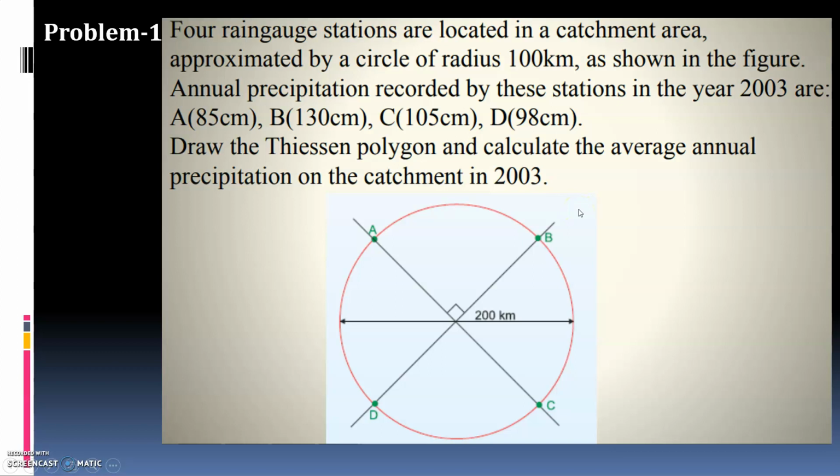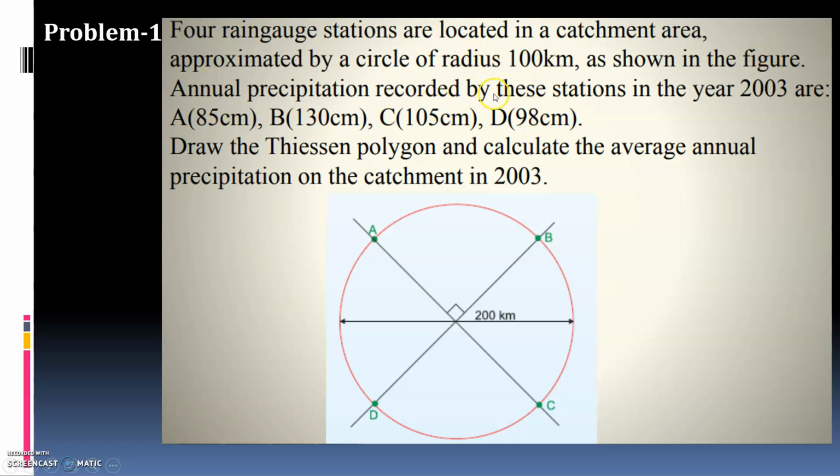So let us solve some numericals on this topic. Let us take this first problem. Four rain gauge stations are located in a catchment area approximated by a circle of radius 100 km, as shown in the figure.